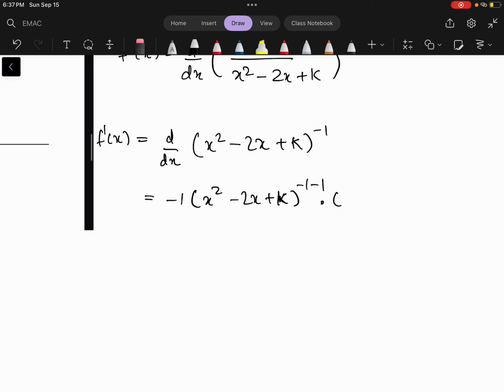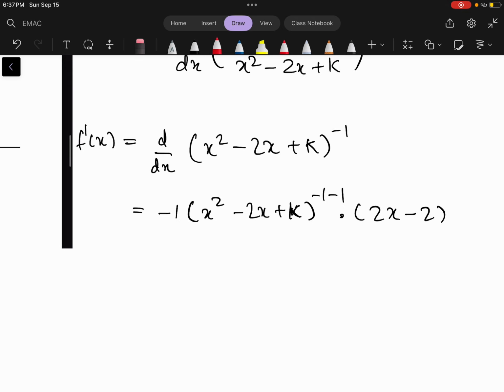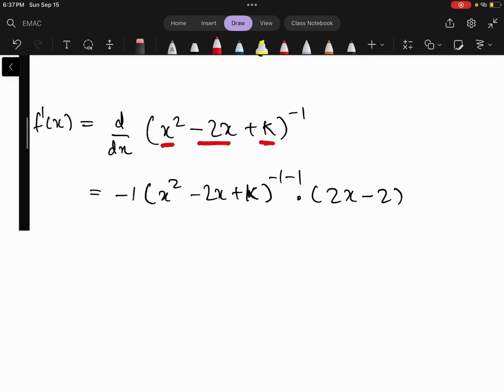In this case, the derivative of the inside function is 2x minus 2. The derivative of x squared is 2x using the power rule, and the derivative of 2x is just 2. Since k is a constant, its derivative is 0, so we're not going to mention that.